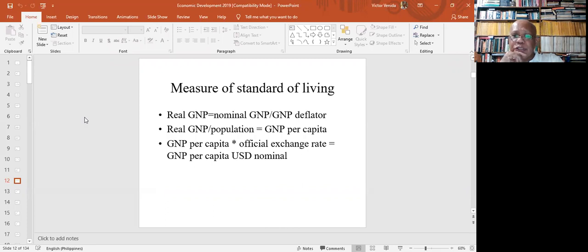you do have a choice of using what is called the Atlas method, where the Atlas method converts the GNP into the US dollar value using the average of the last 5 years. That's to remove the variability in the exchange rate.